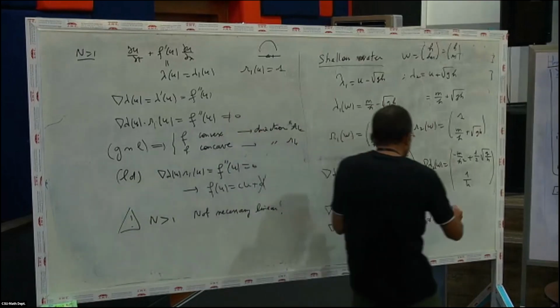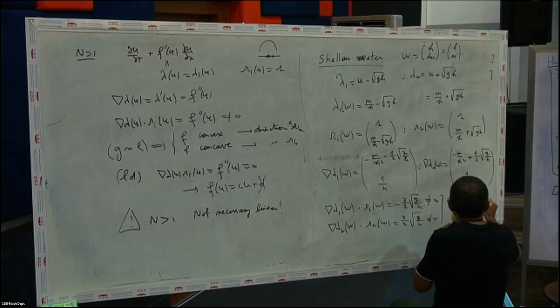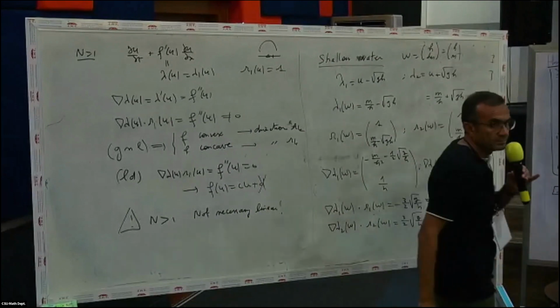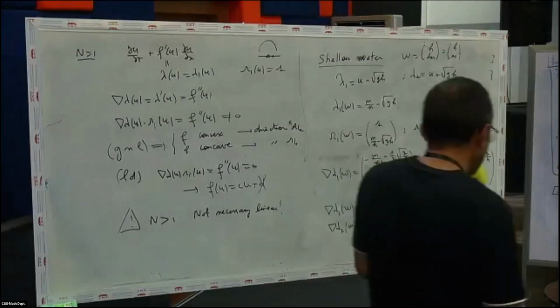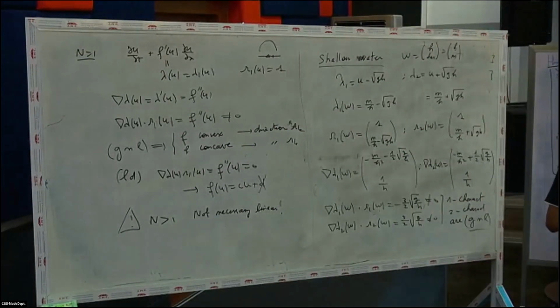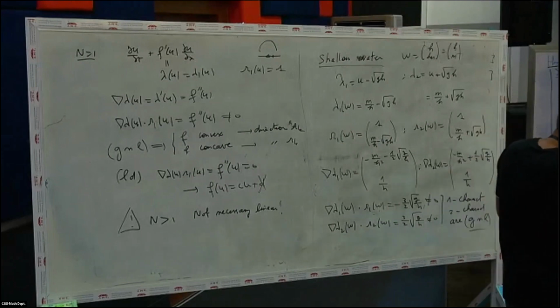So both characteristics are genuinely nonlinear. That's fine. It's like convex. Okay. So, what can I say? Just maybe a few minutes.